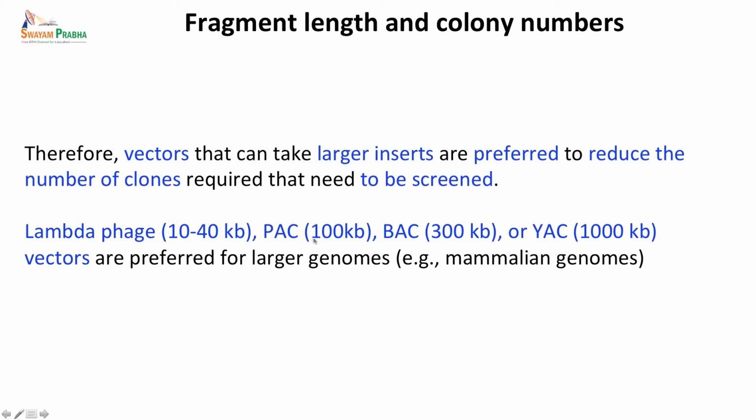It can take anywhere between 100 to 150 kb fragments, or you can use bacterial artificial chromosomes, which will take about 300 kb fragments, or yeast artificial chromosomes, we have talked about it before, which can take 1000 kb or even more. So these vectors are preferred to make genomic DNA libraries, and as the genome size increases, you want to use a vector that can take much larger fragments.